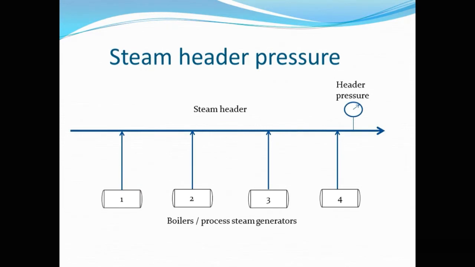This schematic shows a steam header being maintained at a pressure P, and four generators are supplying steam to the header. Now assume that one of the boilers tripped. So the steam input into the header will come down, but the users of steam will keep on using the steam at the original level itself.